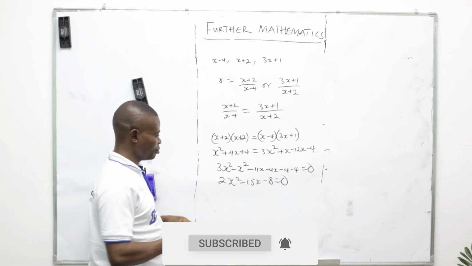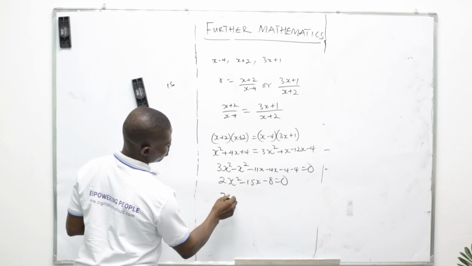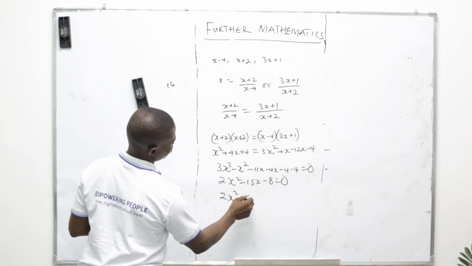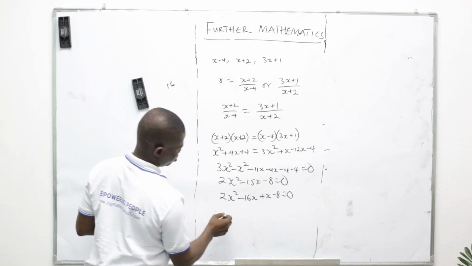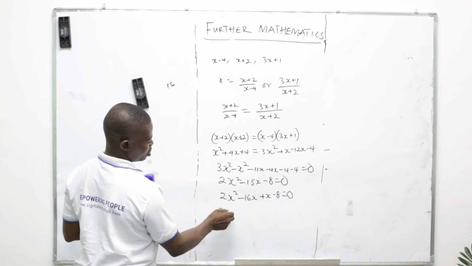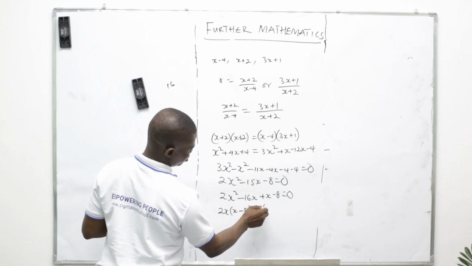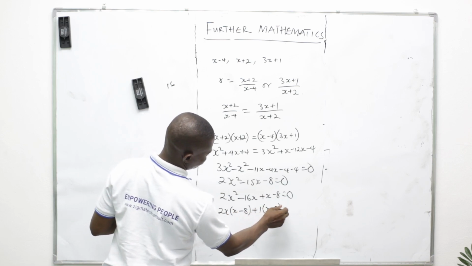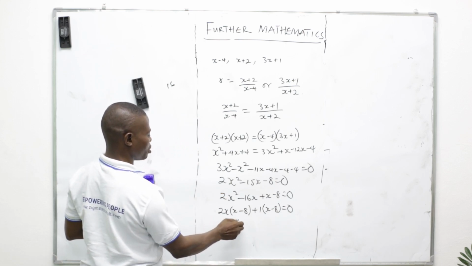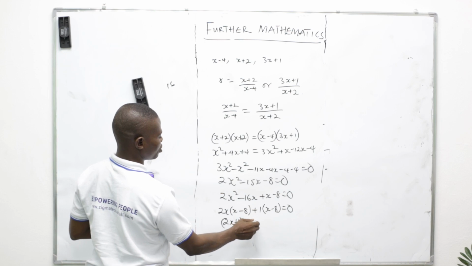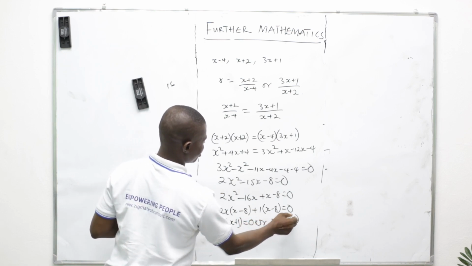We are having this and this is 16, meaning that 2s squared minus 16s plus s minus 8 equals 0. So that 2s into (s minus 8) plus 1 into (s minus 8) equals 0. So that 2s plus 1 equals 0 or s minus 8 equals 0.